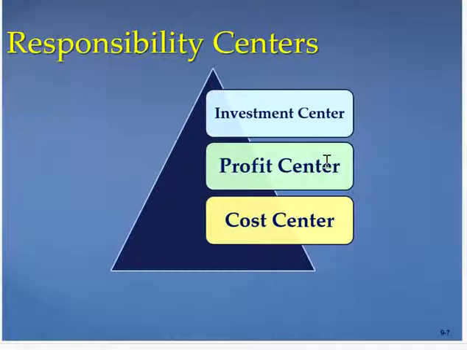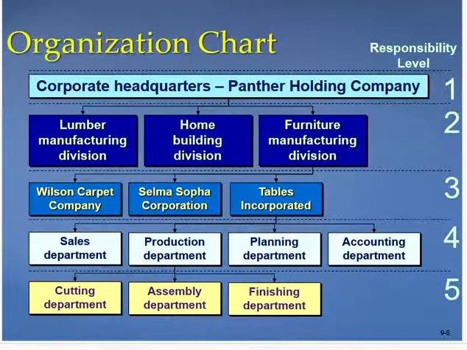Now in our example, if I go back and show you, for example here, the sofa company or table incorporation, this company is responsible for not only cost, they are responsible for revenue as well, how many tables to be sold and how much cost incurred on making those tables. So the manager of a profit center is responsible for both revenue and cost, right?